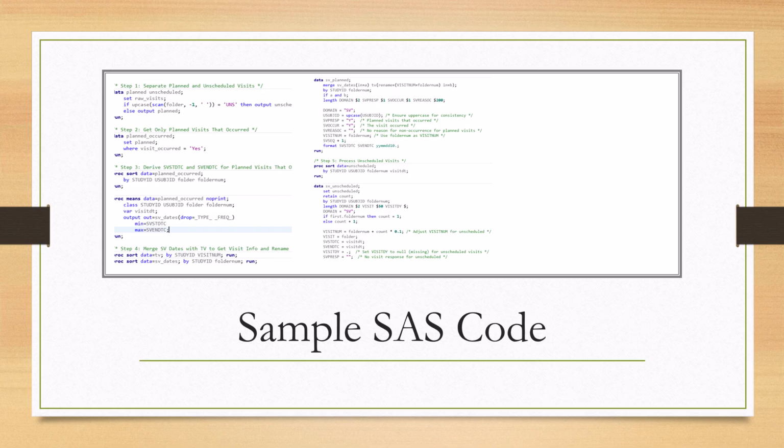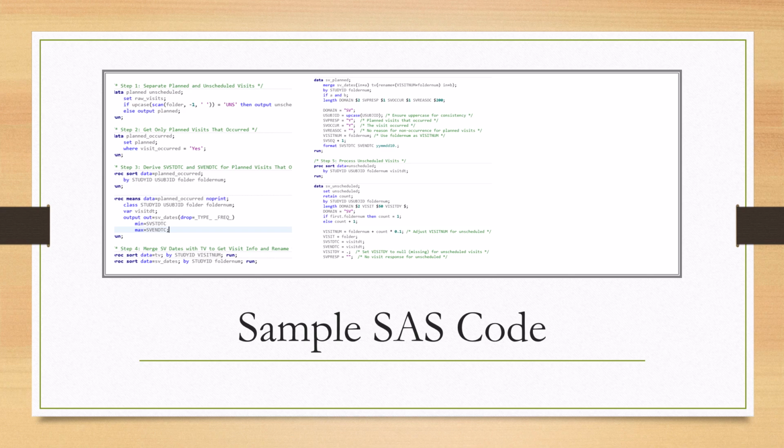Using this SV dates data set along with the TV data set, another SDTM trial domain, we get the correct value of VISITNUM and visit dy assigned in the study. When merging these two data sets, we create the remaining SV domain variables, such as domain, subject ID, SV press, SV occur, and the SV reason for visit not occurring.